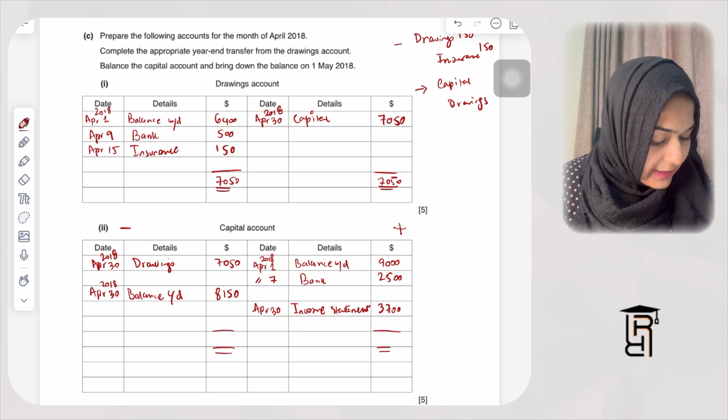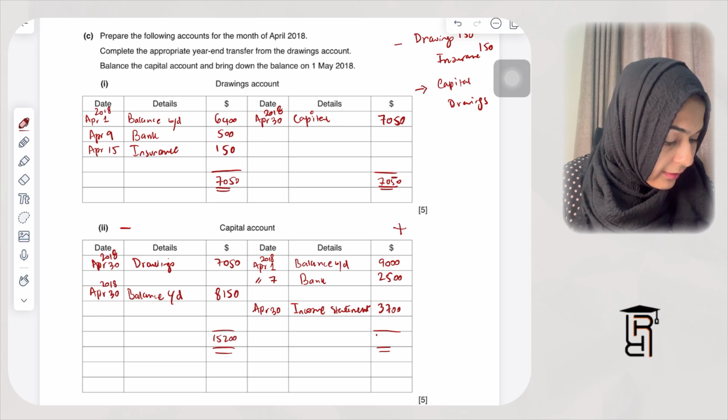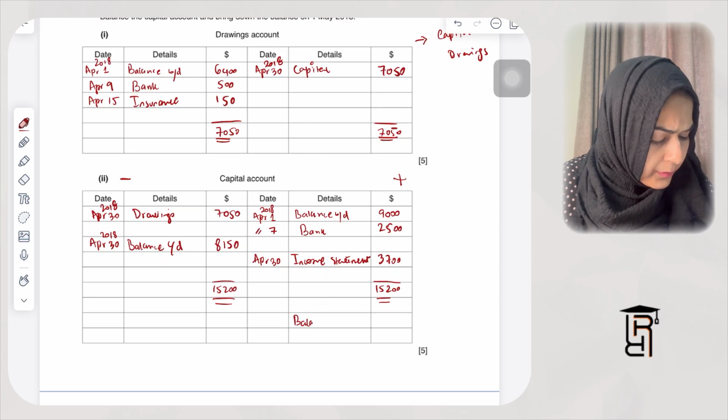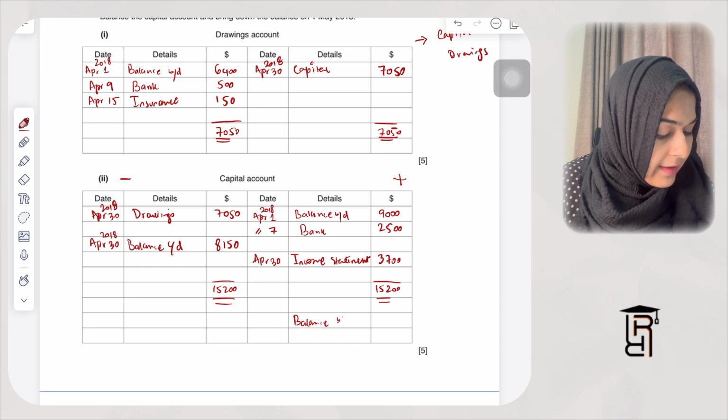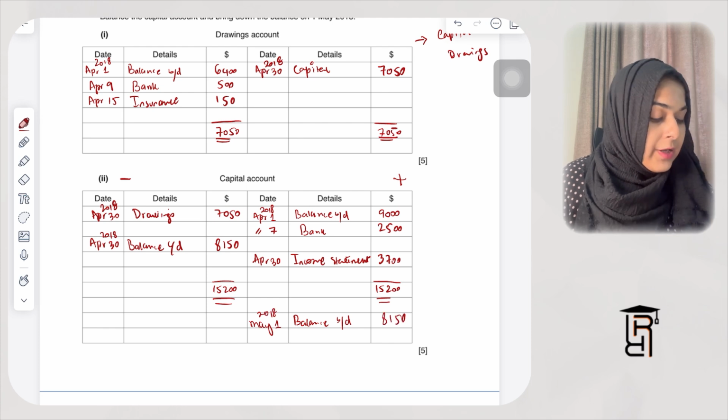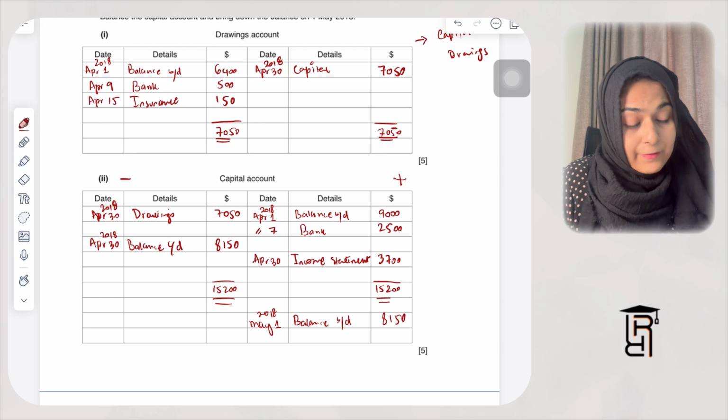The total on both sides will be 15,200, 15,200, and then balance carried down will become balance brought down. So after April we have May. So I'm going to write here May 1st, 2018, and this is going to be 8150. This was for 5 marks. The drawings account was for 5 marks.